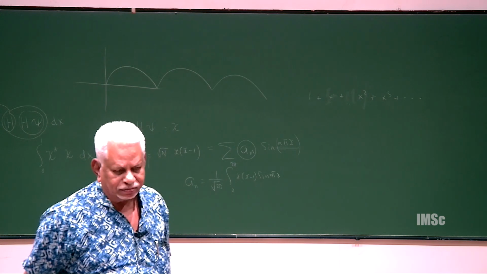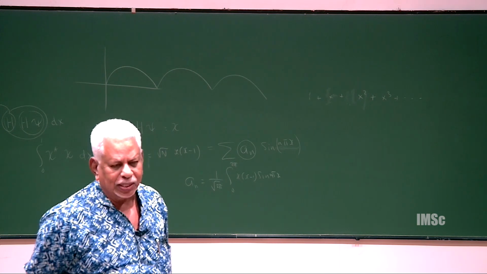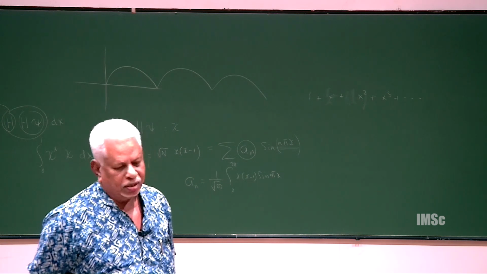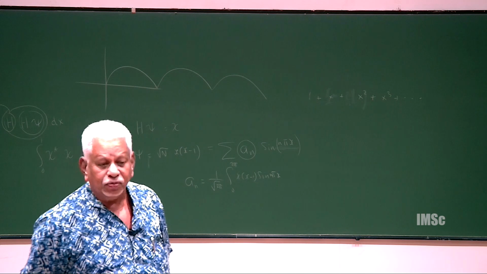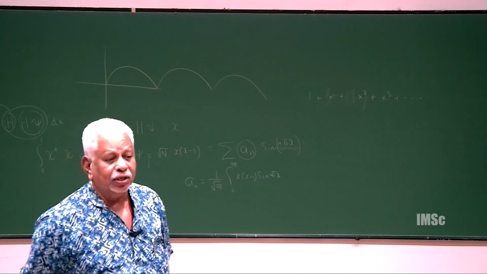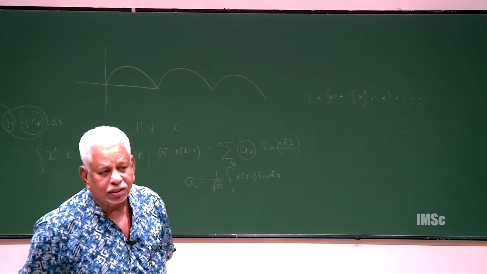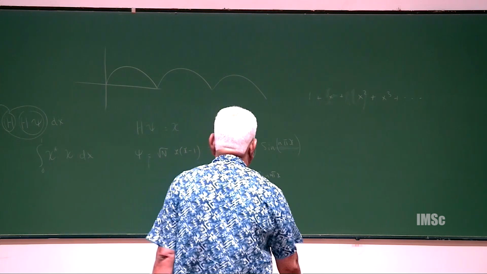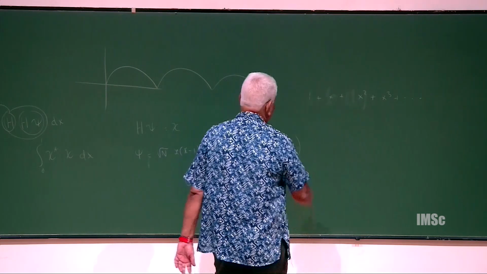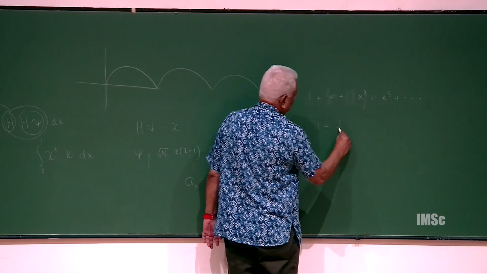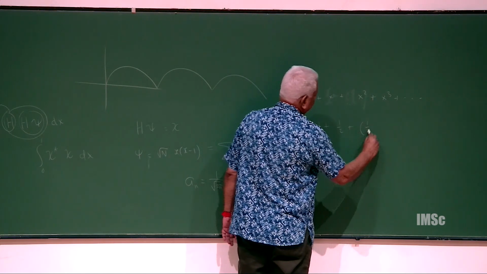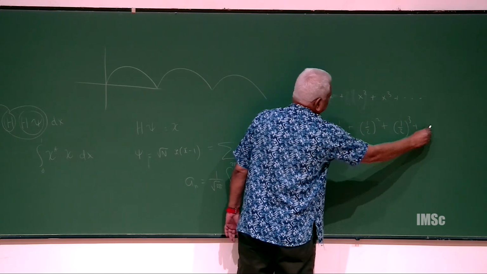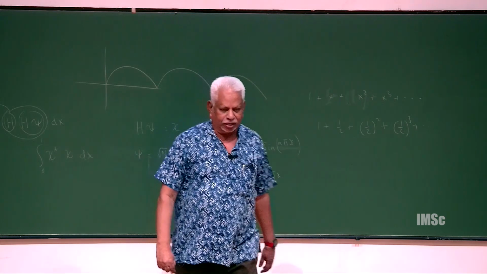When x is equal to half, what will I do? I will take 1 plus half plus half square plus half cube, etc., up to infinite number of terms. Now, what is the value of that series which I am writing? There are two ways of finding it out.